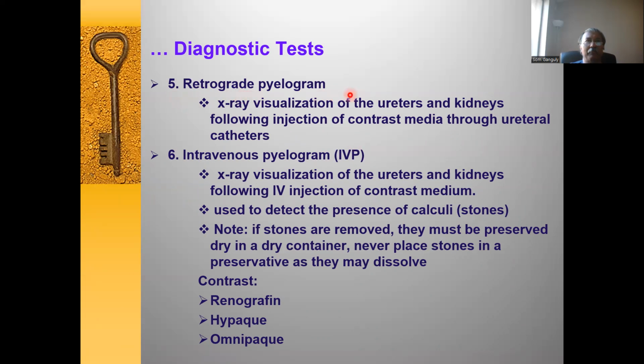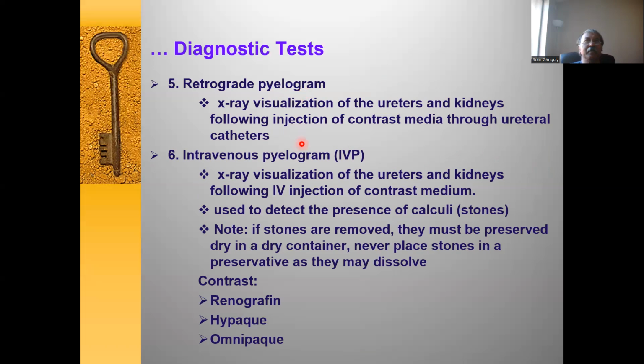Retrograde pyelogram. Pyelo means visual examination or X-ray visualization of the renal pelvis area or kidney. It refers to the kidney and ureter junction.